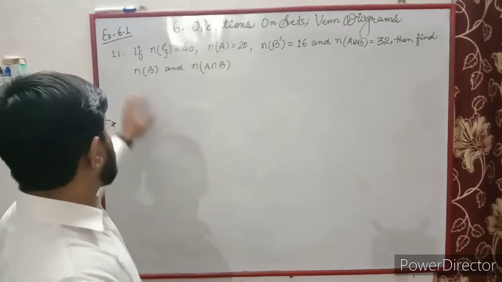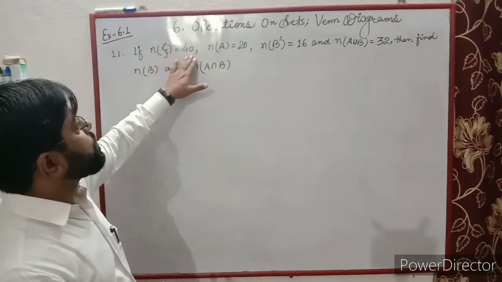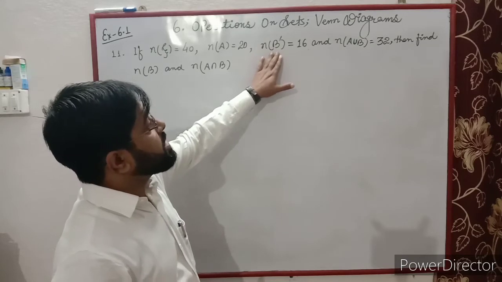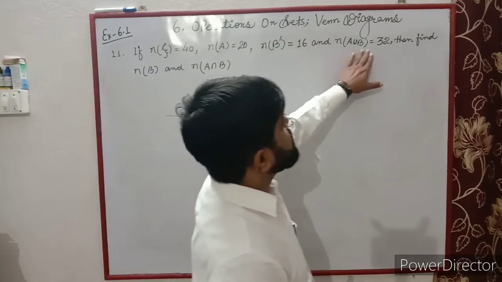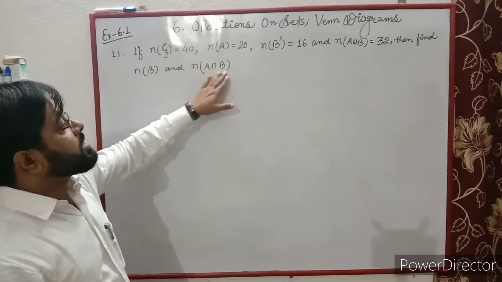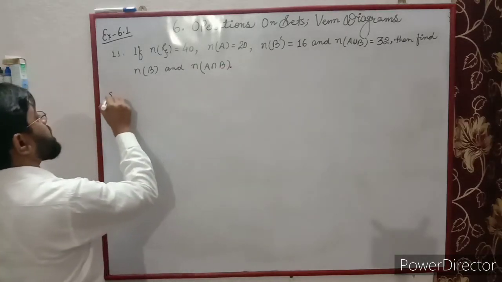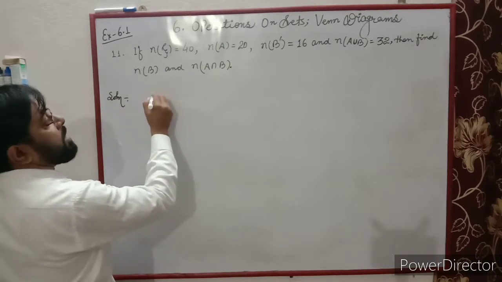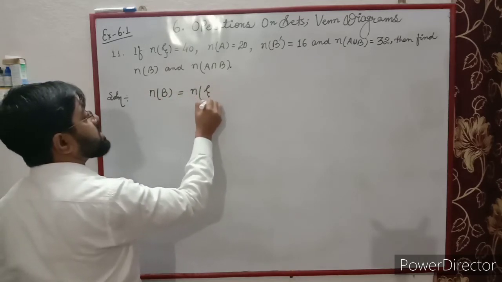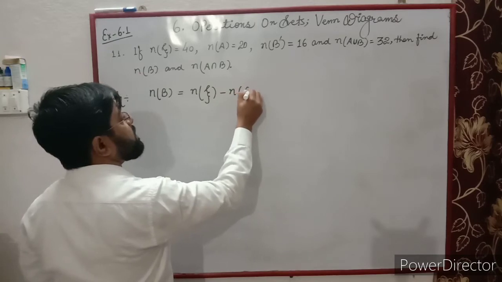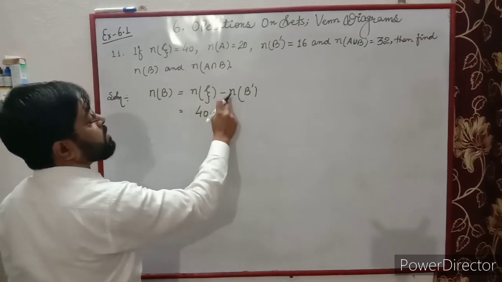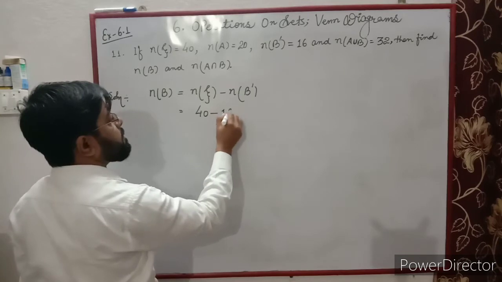Let's see one more question. Question number 11. If the number of elements in the universal set is 40, the number of elements in set A is 20, the number of elements in complement of set B is 16, and the number of elements in A union B is 32, then find the number of elements in set B and in A intersection B. So first of all, solution, we have to find n(B). So n(B) is equal to n(U) minus n(B complement). So n(U) is given 40 minus n(B complement) is given 16.